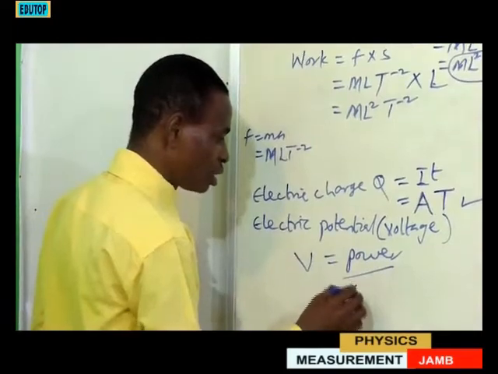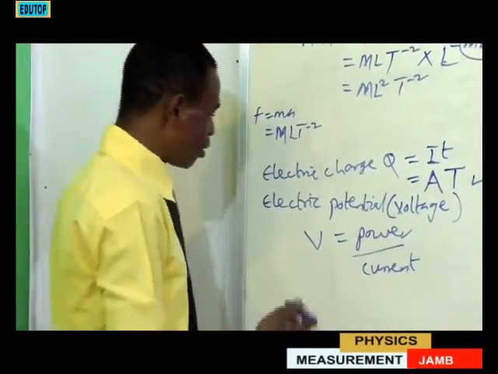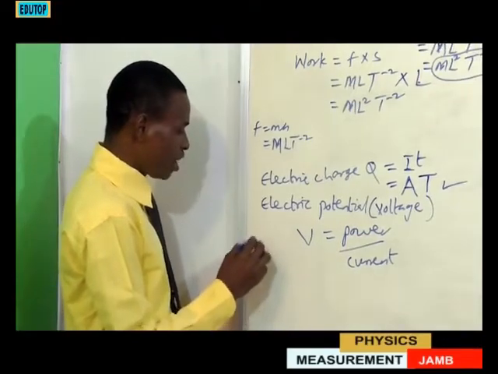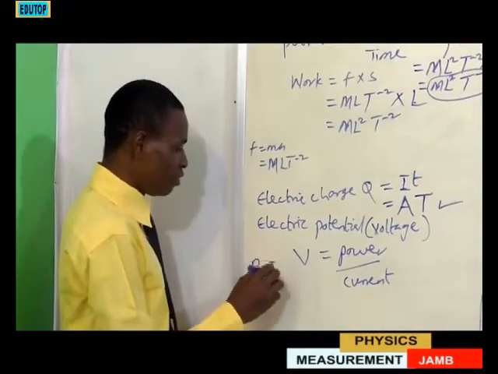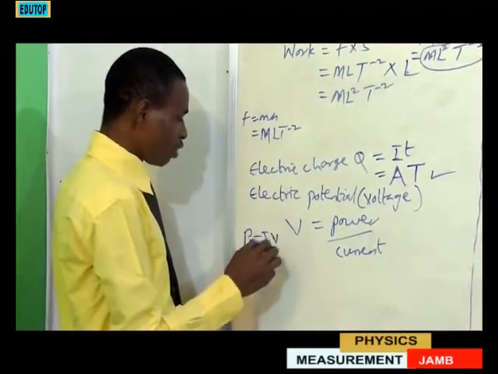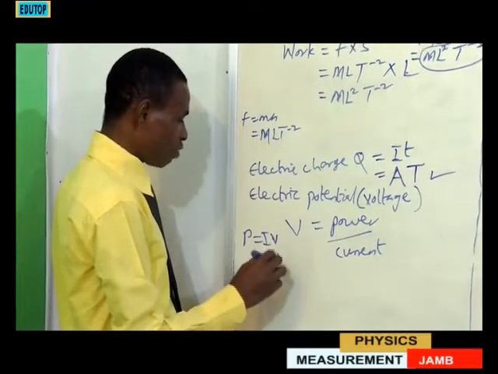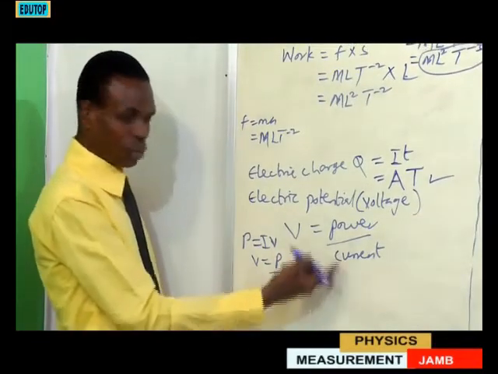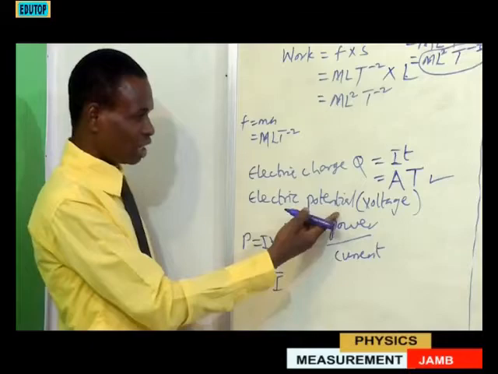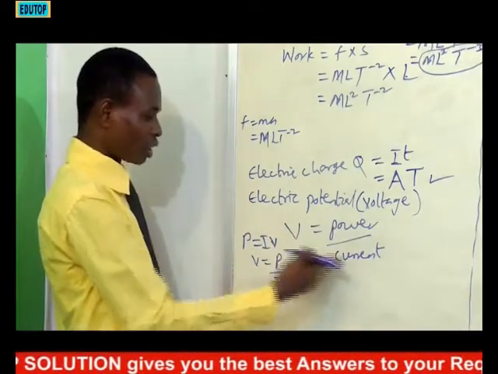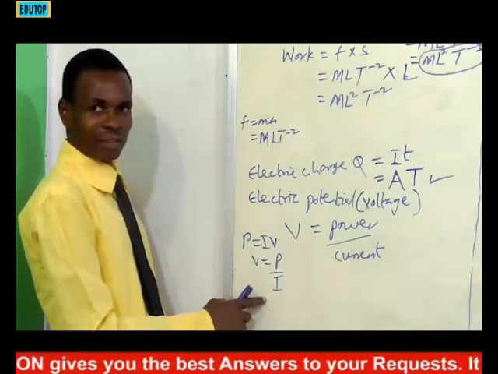Power divided by current. You remember when we were defining electrical power, we said P is equal to I V. If you make V the subject of the formula, you are going to have P over I. That is how we get this. Electric potential, voltage, V is equal to power over current, P over I.